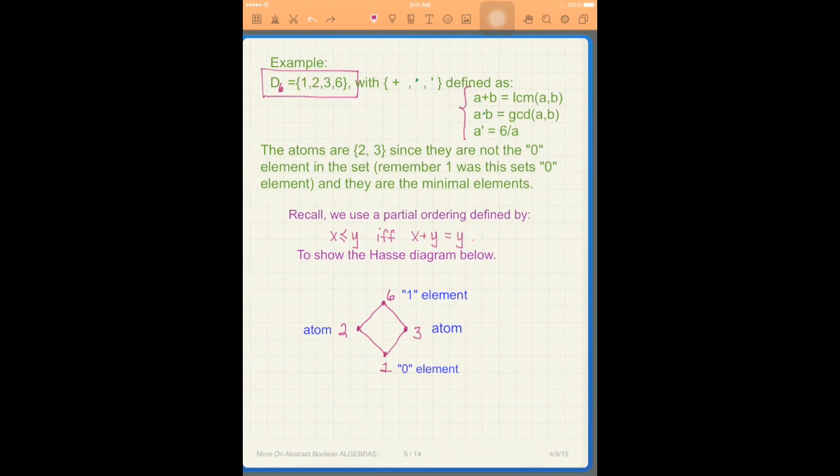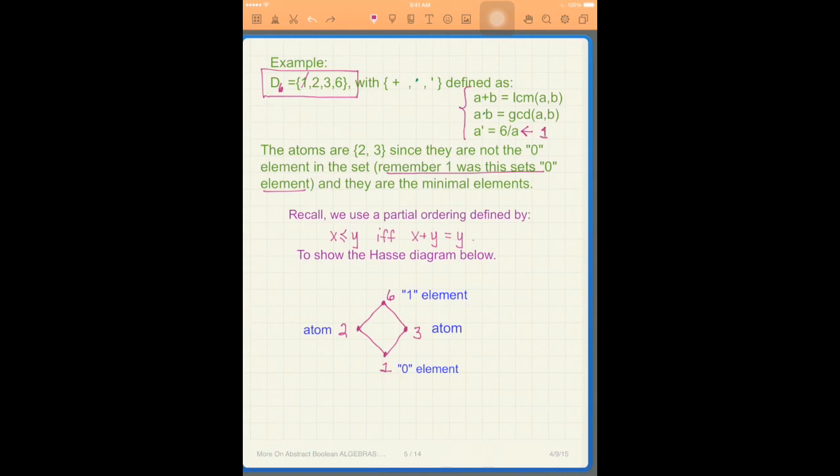It cannot be the zero element when you're talking about an atom. So remember what the zero element was? 1 was the set's zero element. So I'm going to have to throw out 1. So I know I'm not going to be dealing with 1 for an atom. And the one element, if you remember, is going to be the complement of that. So if I were to plug that in here, I plug in the zero element. So what is the complement of 1?